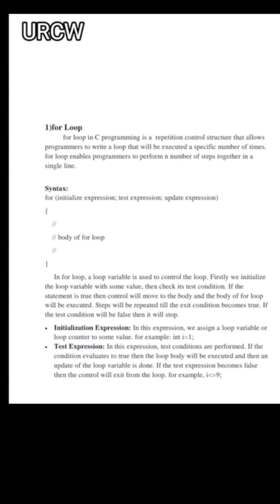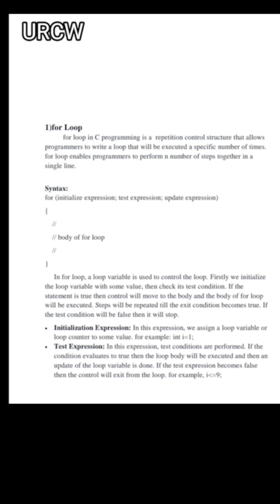Initialization expression. In this expression, we assign a loop variable or loop counter to some value. For example, int i = 1. We can initialize i = 1 in the initialization expression. Test expression. In this expression, test conditions are performed. If the condition evaluates to true, then the loop body will be executed and then an update of the loop value is done.